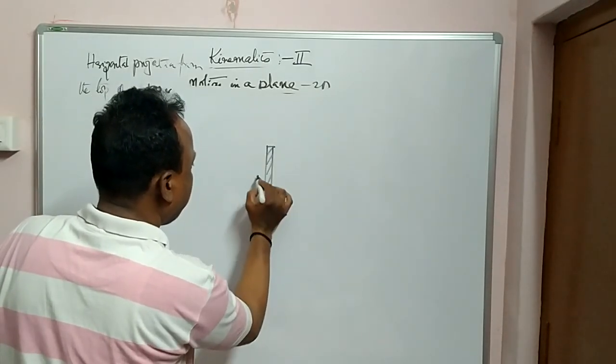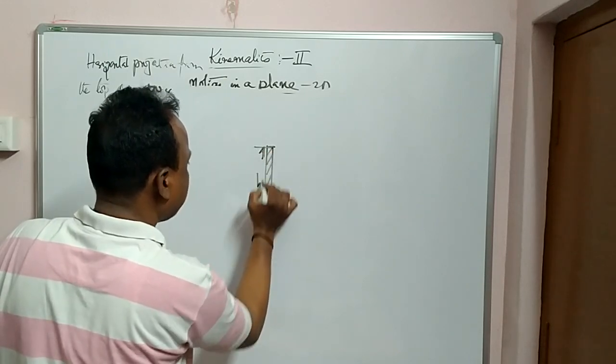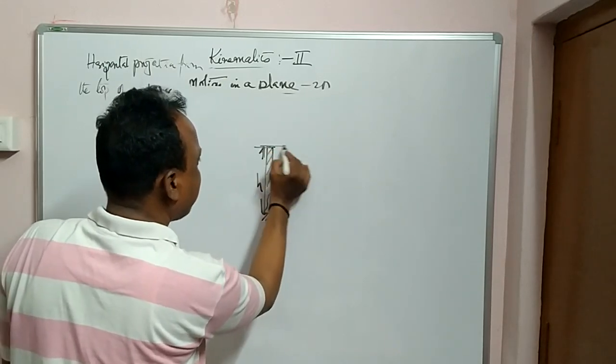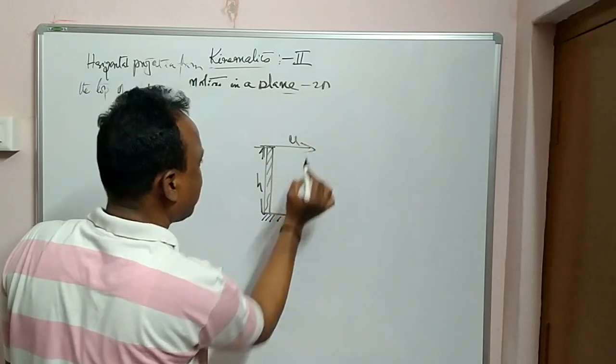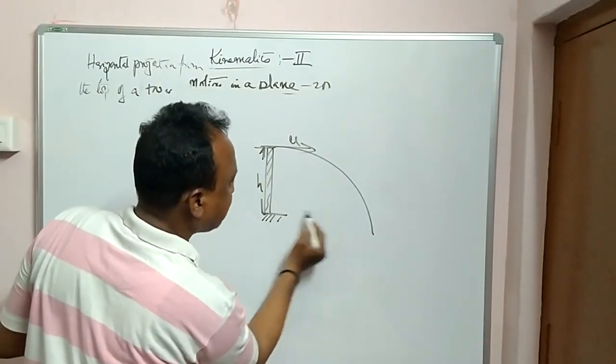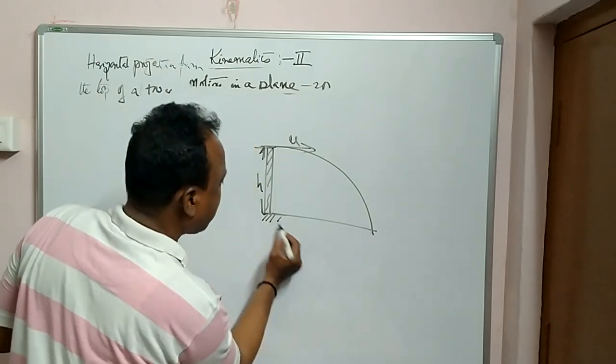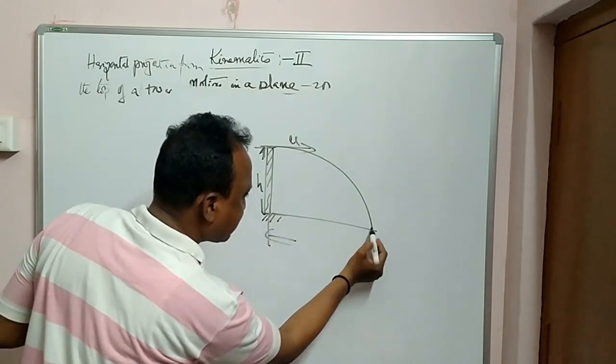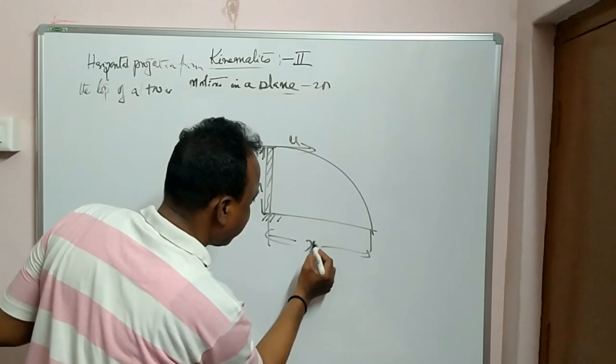Let the height be h. Now a person standing here throws with a velocity, say u. So the body trajectory will be in this fashion. The body will be thrown like this, and the maximum distance traveled will be this one, x.